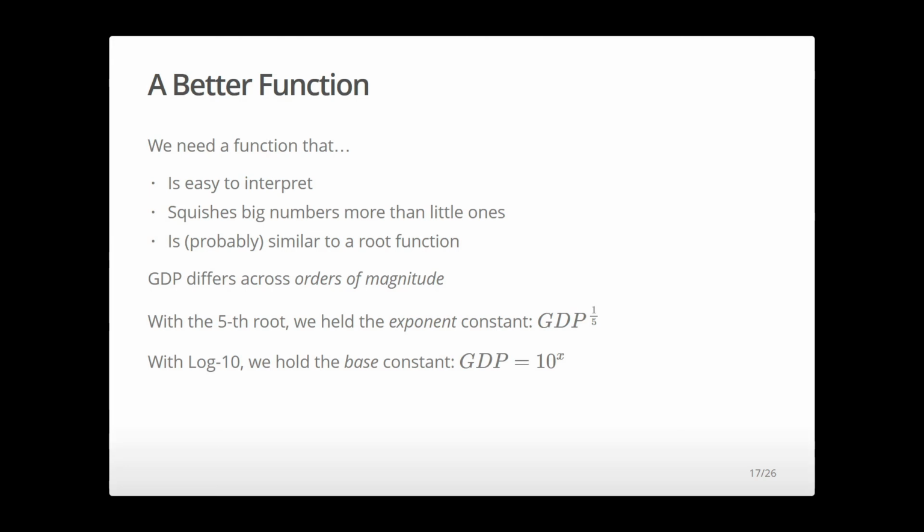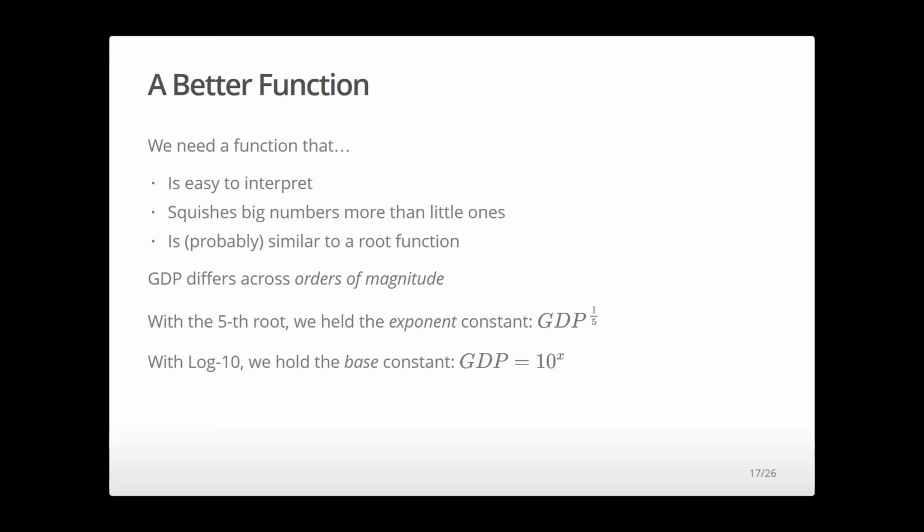The log function is, in a sense, related to roots and exponents. When we use exponents, we have the base and the exponent, which is the power we raise the base to. When we took the fifth root, we raised our base, the raw GDP number, to the power of 1 over 5. Roots are just inverse powers and vice versa. We can think of what we did as a sort of equality.